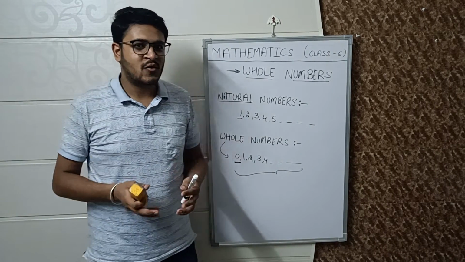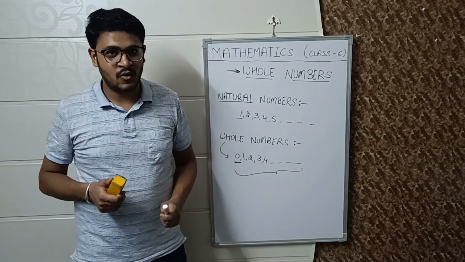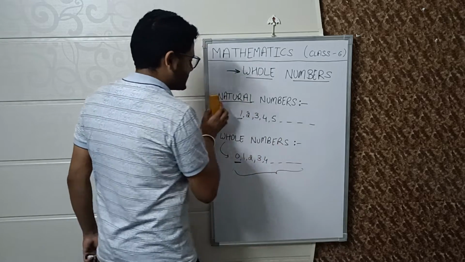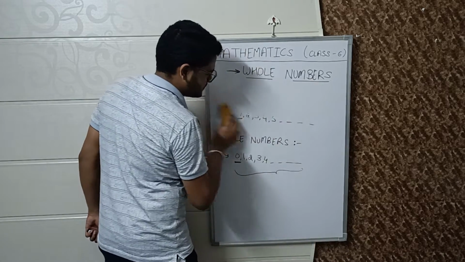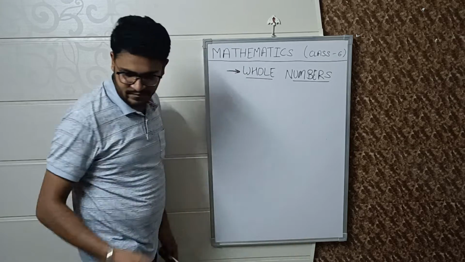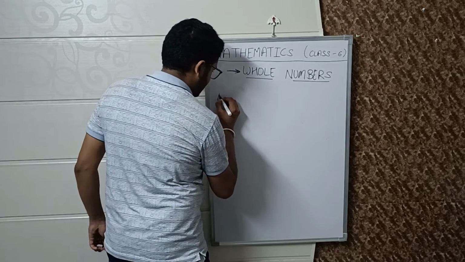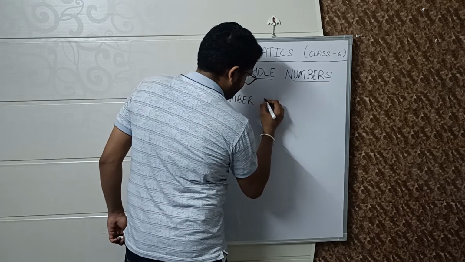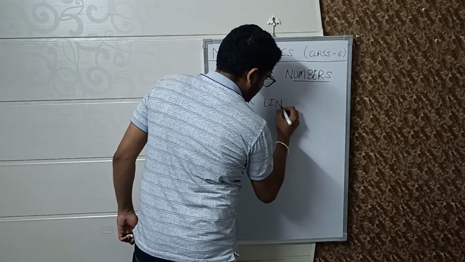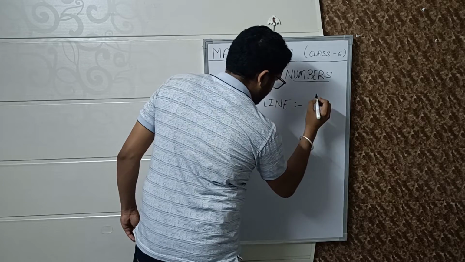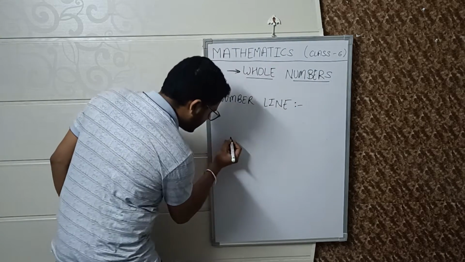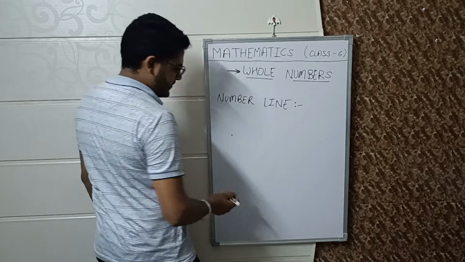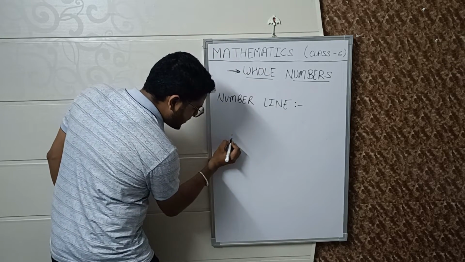So after talking about natural numbers and whole numbers, let's talk about number lines. Number line is nothing but mark a point and start with the whole numbers.